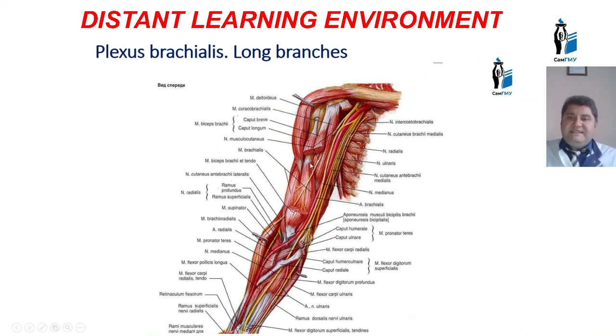But you must see one of the nerves, called the musculocutaneous nerve, nervus musculocutaneus, which gives branches for the biceps muscle, the brachial muscle and the coracobrachial muscle, and also it gives a branch for the skin at the lateral and anterior surface of the forearm.